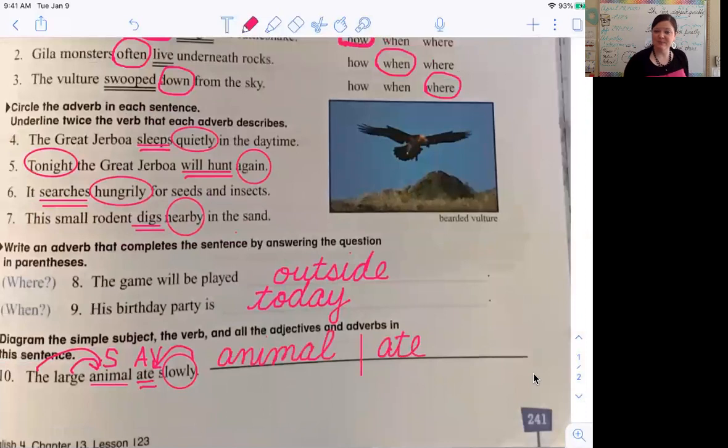Well, he ate. Let's take our adjectives, diagram them next on diagonal lines going underneath. The comes first in the sentence, so the comes first on the diagram. Large comes next.